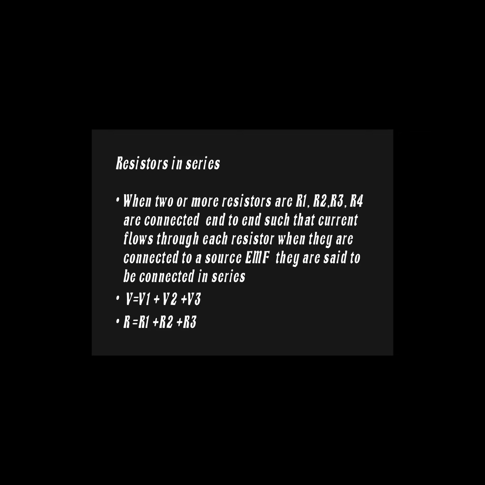So if we need 1 amp of battery, we're going to connect the batteries in series. But if we need it to be 2 ampere, we're going to connect in parallel, because when we connect in parallel, the current adds up and the voltage remains the same. When we connect in series, the current remains the same and the voltage adds up.